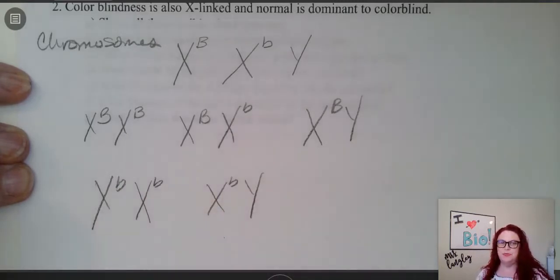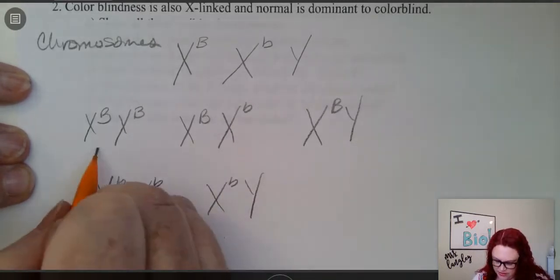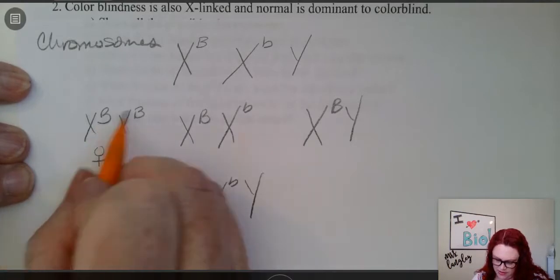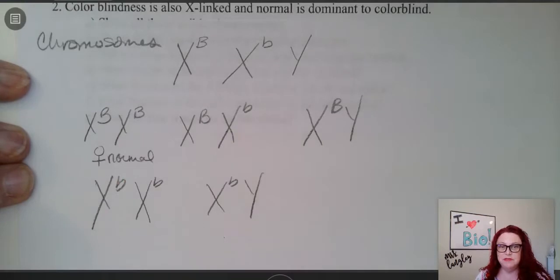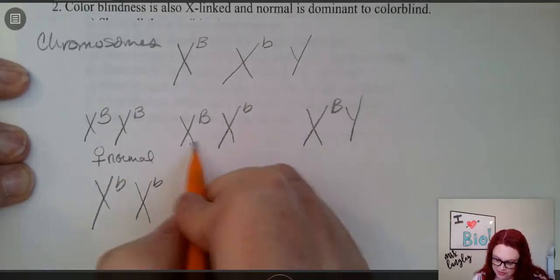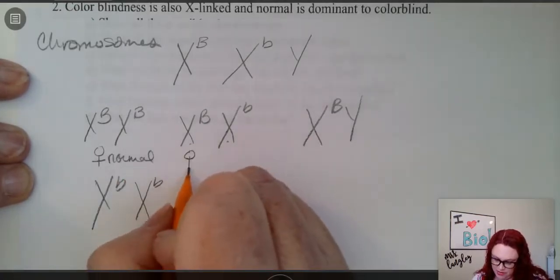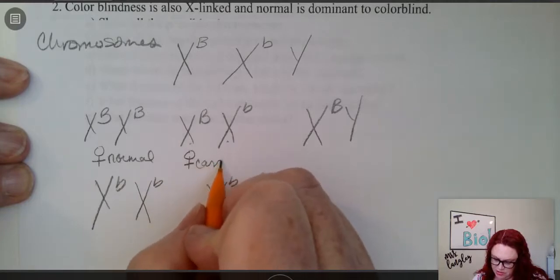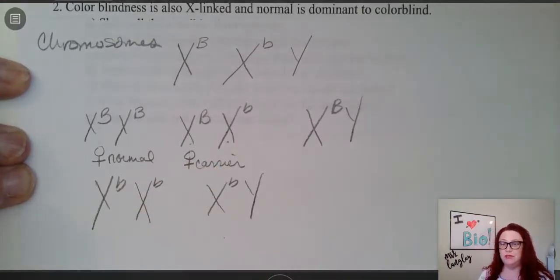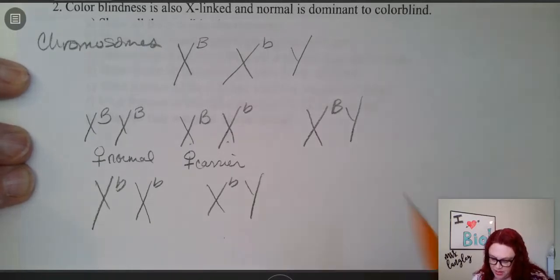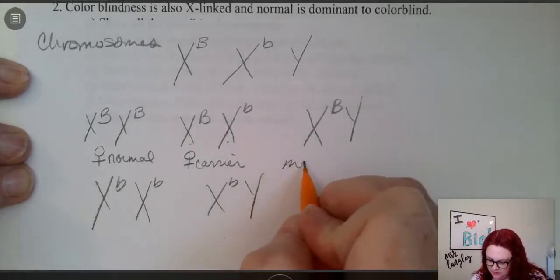On this, I can have this one as a female that has normal vision. This one is going to be a female that is a carrier. So she has normal vision, but carries a gene that she can give to her children. This one is male.